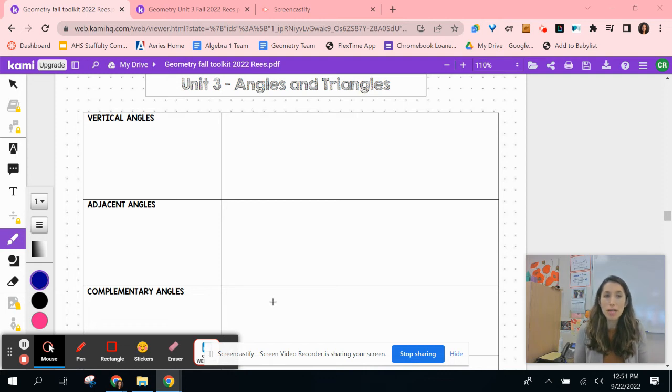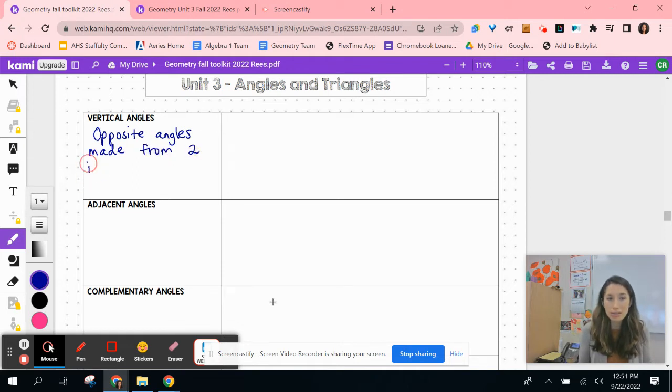All right, we're going to be looking at different angle relationships in our toolkit today. So our first angle relationship is a pair of vertical angles. Those are opposite angles made from two intersecting lines, and they are congruent.